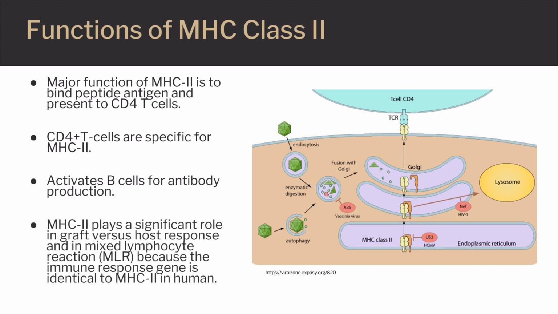MHC2 plays a significant role in graft versus host response and in mixed lymphocyte reaction (MLR) because the immune response gene is identical to MHC2 in humans. MHC2 are polymorphic, and various MHC2 alleles show linkage disequilibrium to a variety of autoimmune diseases.